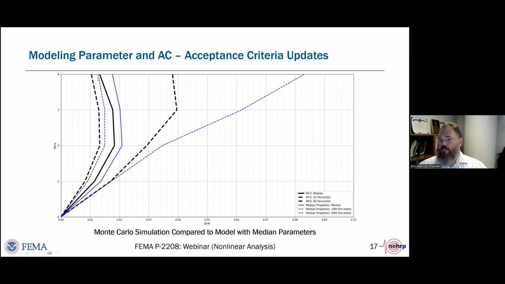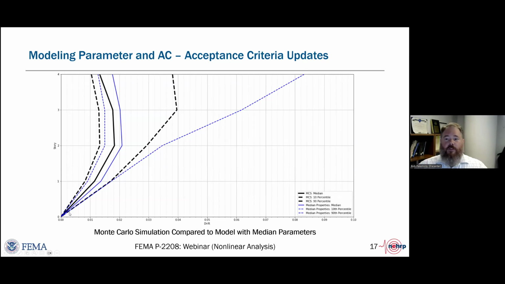And as you could see, there's obviously an extreme spread. If you go to the 10th percentile of the modeling parameters, and this is for the four-story steel moment frame building, you're going to get a wide swath of response. Versus if you went to the 90th percentile, you're going to get a much lower drift response than the model that was done with median parameters.